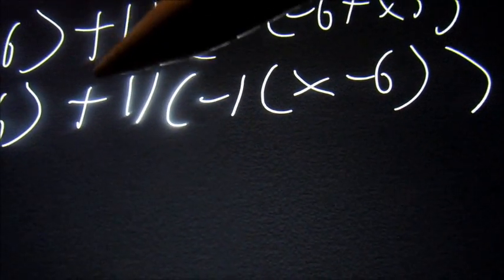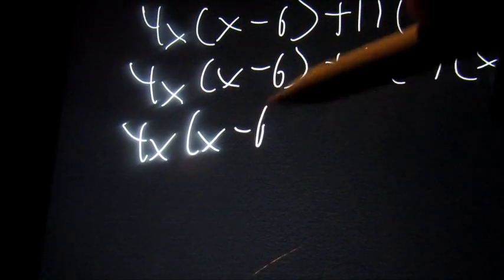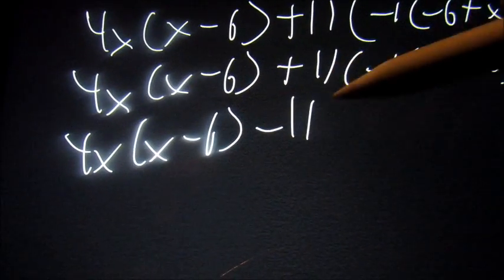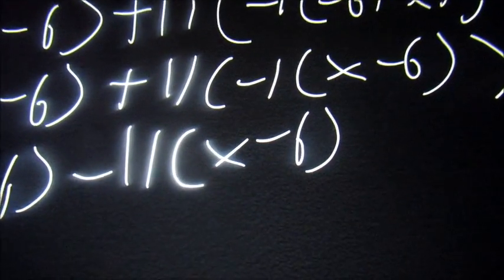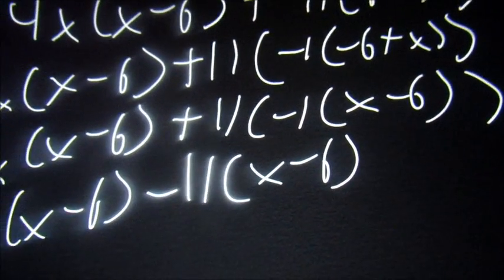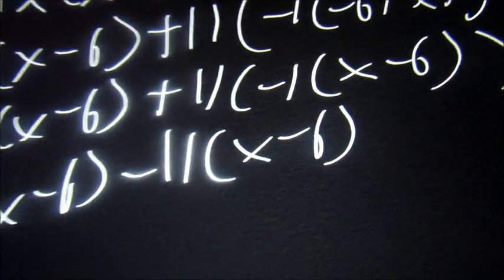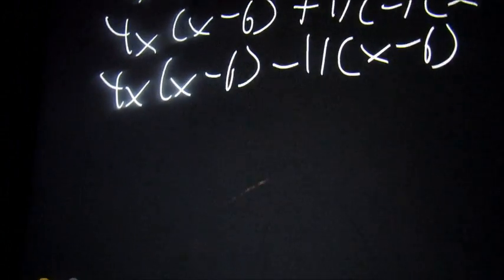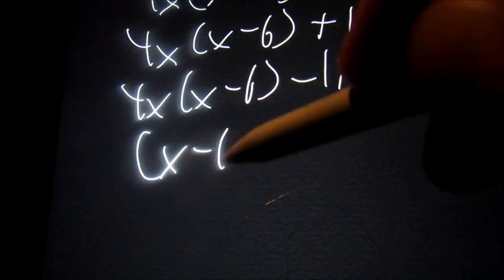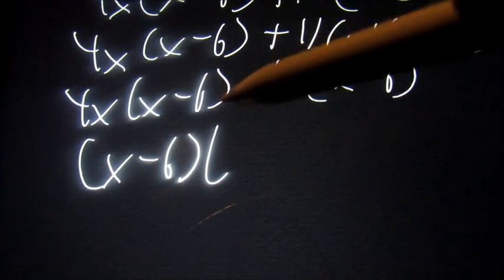Now, I'm going to multiply this 11 by the negative 1. So I'm going to have 4x(x minus 6), minus 11(x minus 6). All I did was rearrange. I used the property that said that I can multiply the numbers in any order I want. So now I have x minus 6 in both parentheses, so I can factor out x minus 6, and I'm left with 4x minus 11.